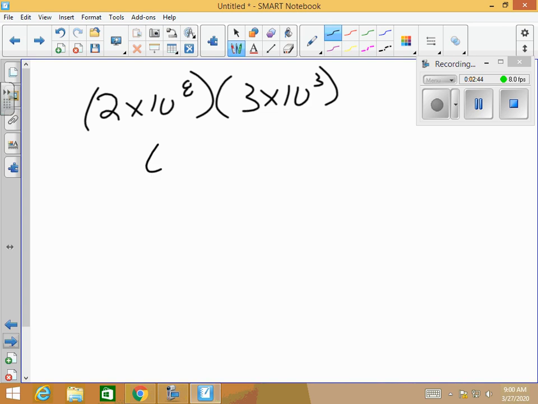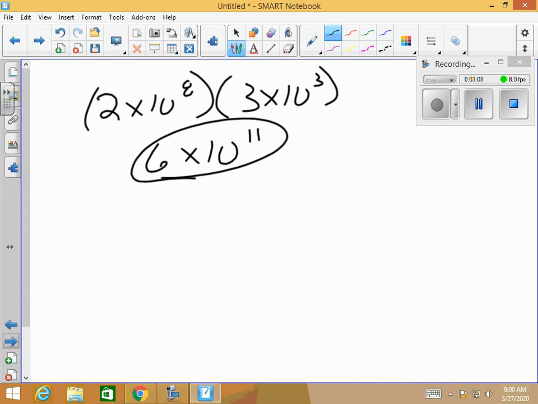And 2 times 3, as we discussed earlier, I know it's kind of the same problem, it's still 6. We have our scientific notation, so we're multiplying by this base of 10, and we've got multiple bases of 10. So when we multiply those base 10s, we add our exponents, and 8 plus 3 gets me 11. Very, very simple. Hopefully that reiterates our point from the previous slide.